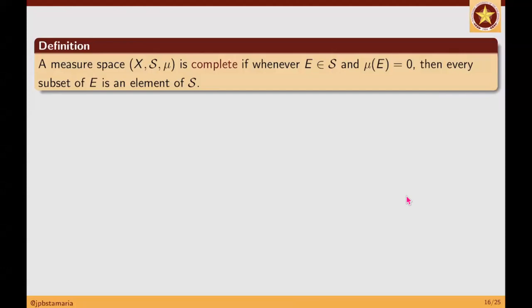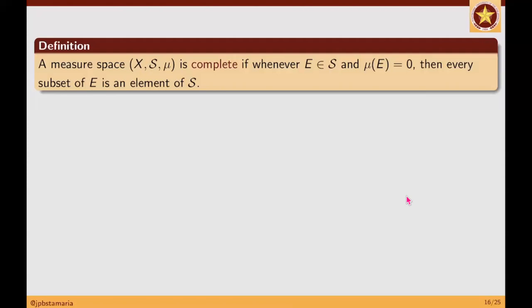It turns out that this property does not hold in any measure space. There are some measure spaces where itong set na ito ay measure 0 naman, no? Tapos pero meron siyang subset na wala siya doon sa sigma algebra of concern, no?